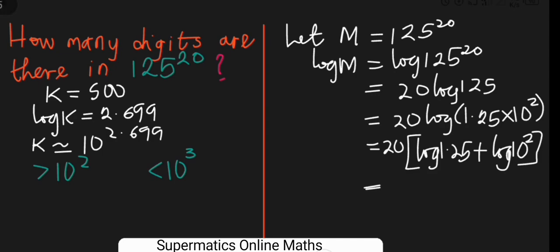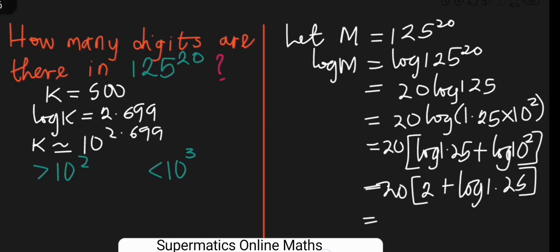So we have 20 times, I'll be writing the 2 first, so 2 plus the logarithm of 1.25. And the logarithm of 1.25 is 0.0969. So we have 20 times the sum of 2 and 0.0969.